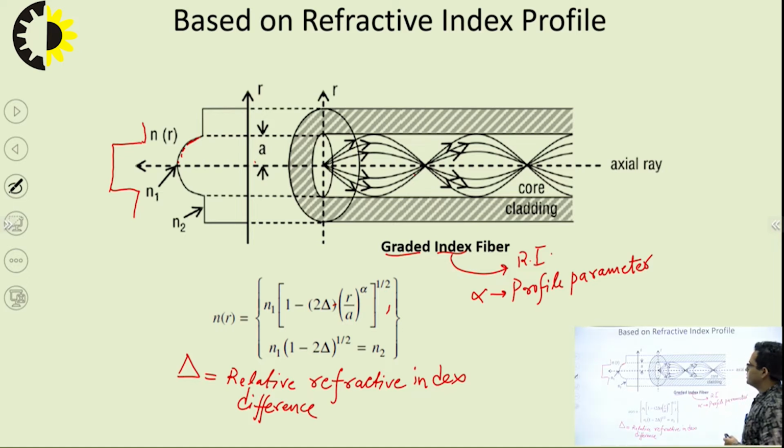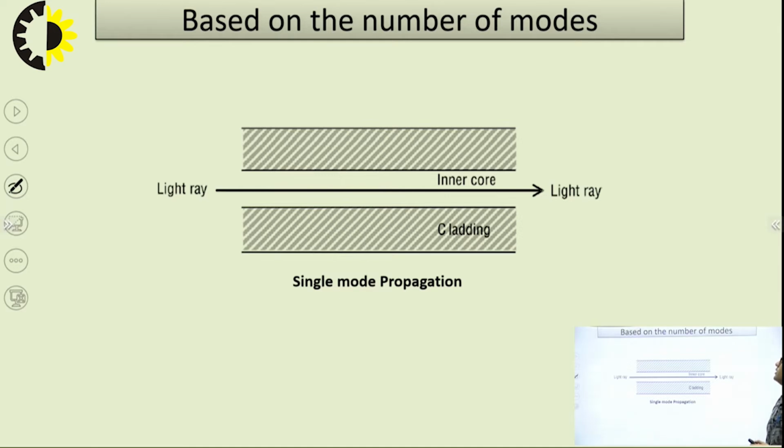Now apart from this, we have the next category, which is based upon the modes propagating through the optical fiber. The first category is over. Based upon the variation in refractive index, there were two categories. In a step index optical fiber, there is a sudden change in the refractive index profile as one moves from the center axis of the optical fiber towards the clad.